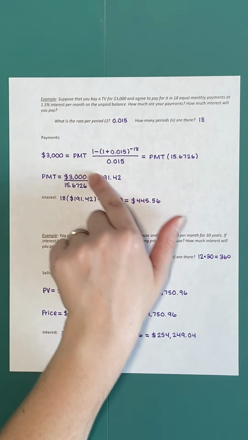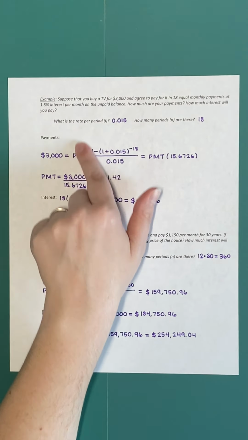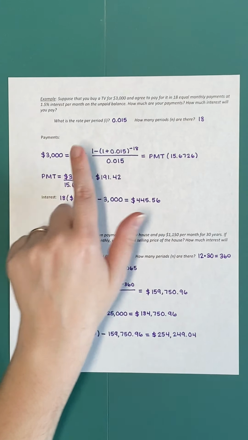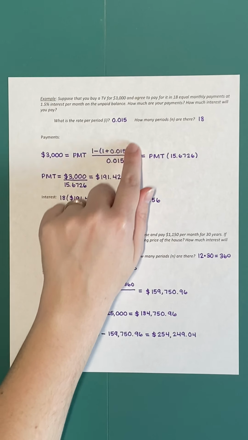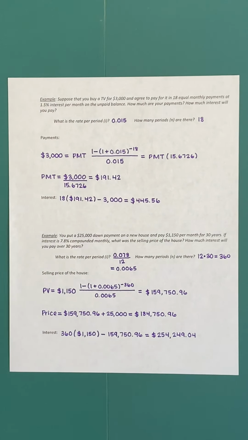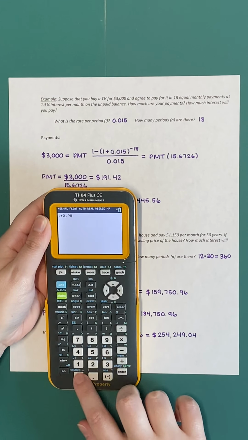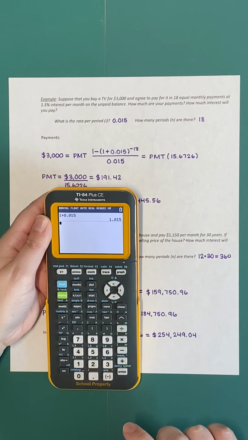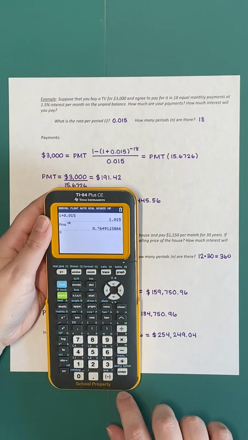Okay. Now, as with a lot of problems we've looked at, notice that this is one fixed number multiplied by PMT, which is our variable. So a good place to start is to simplify all of that down in your calculator. So I'm going to go one operation at a time. 1 plus 0.015. Okay, that's everything in parentheses. Now that's raised to the negative 18th power.